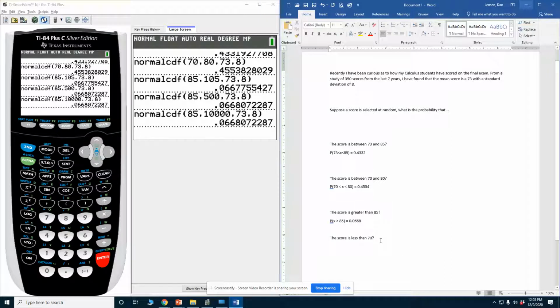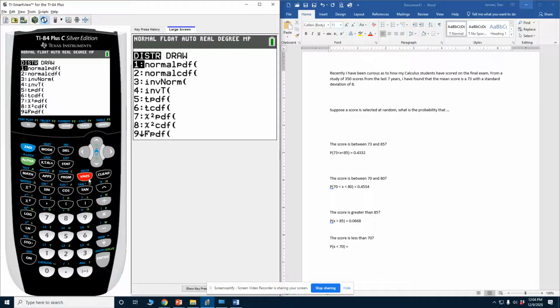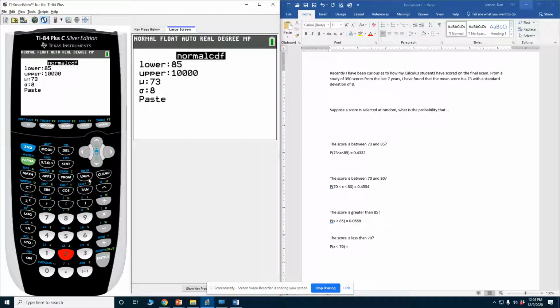Okay, so let's try this with score. What's the probability that the score is less than 70? That's the probability that x is less than 70. So when I go back to the calculator, second distribution 2, now this time it's my lower end that's unbounded. And some people have it in their head that, oh, what's the smallest number possible? 0. No, 0 is not the smallest number possible.